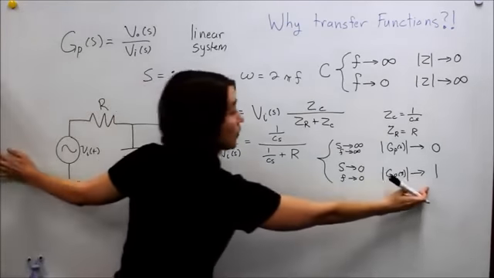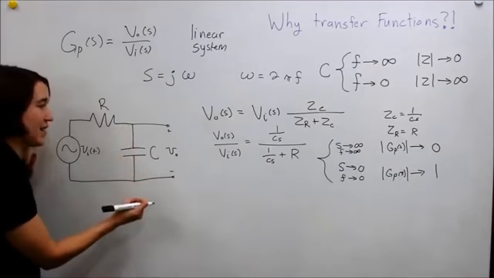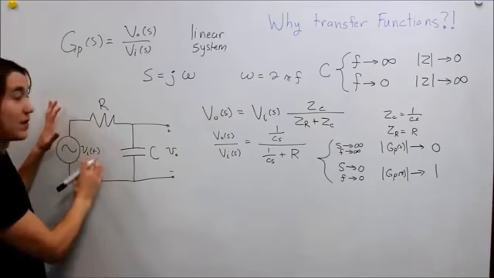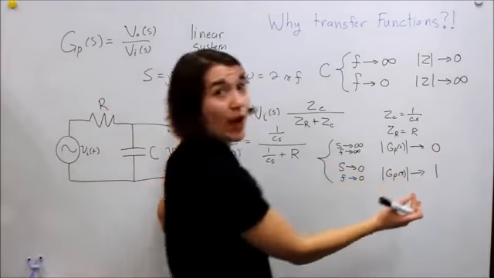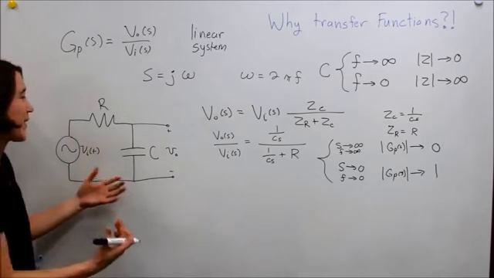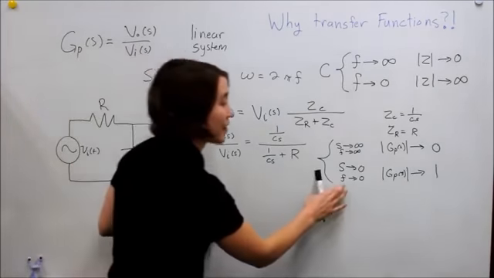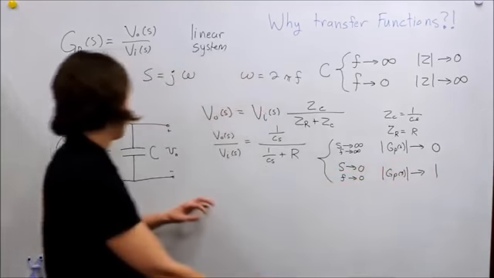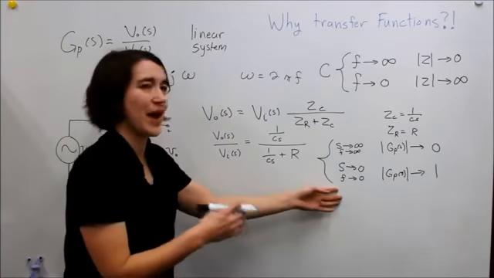But if this was very high frequency, this capacitor begins to act as a short, and then no matter what this voltage is here, this would be 0. So essentially the gain is 0, there's no gain. And so another way to think about this is that this is a low pass filter because it lets low frequencies through but filters out high frequencies. So that's how we use the frequency to analyze our system.